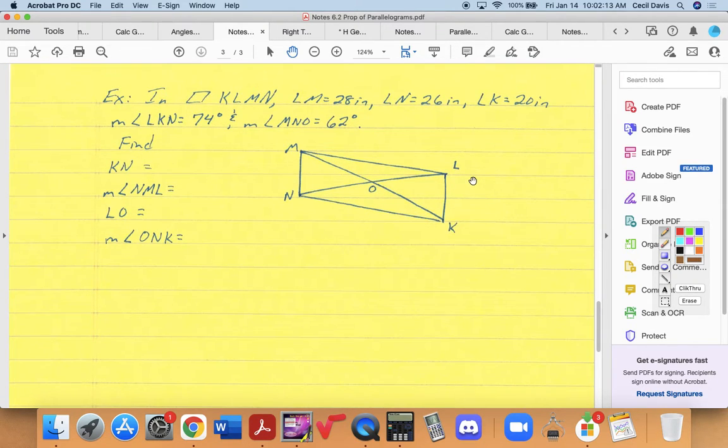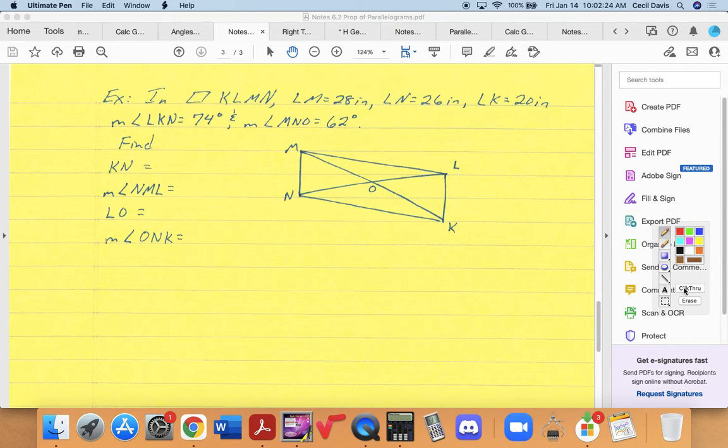One more example. Maybe it's just one more. Yep. So in this one, I'm giving you all kinds of stuff. Some of it is actually things that you don't need. Okay, they're called distractors. So let's see. I know that this is a parallelogram.